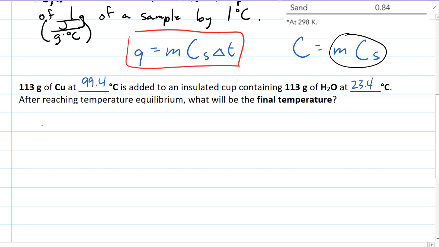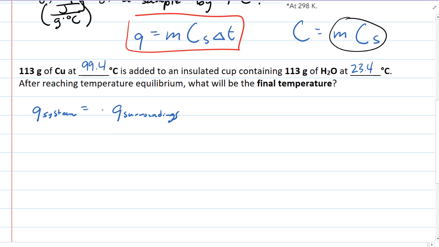From our Socrative app questions, we saw the Q value for the system and the Q value of the surroundings. How are these related to each other once again? They're the inverse, meaning that we are going to change the sign.